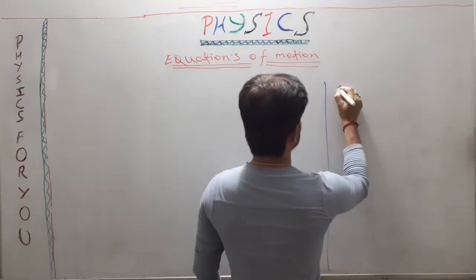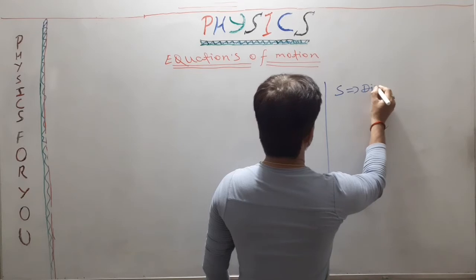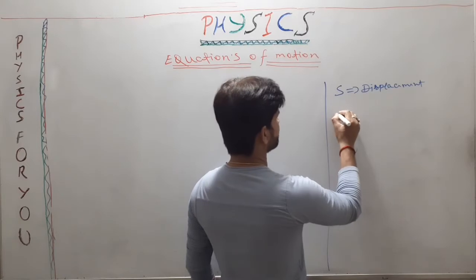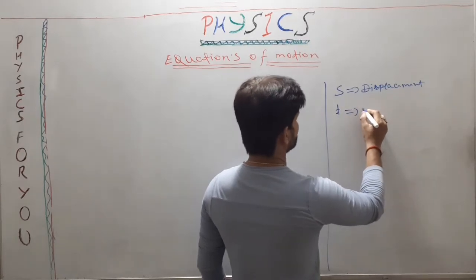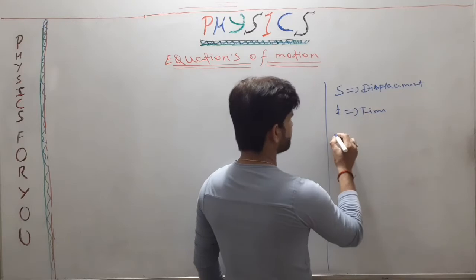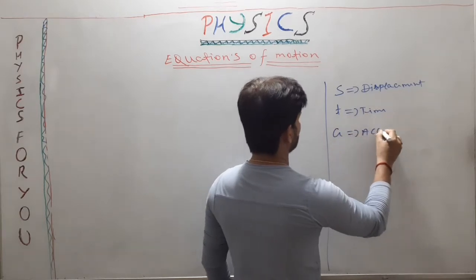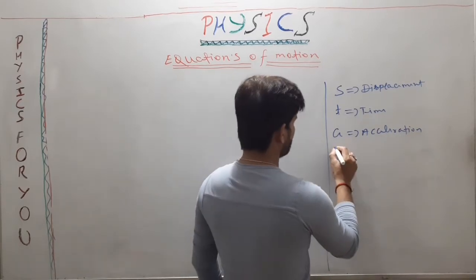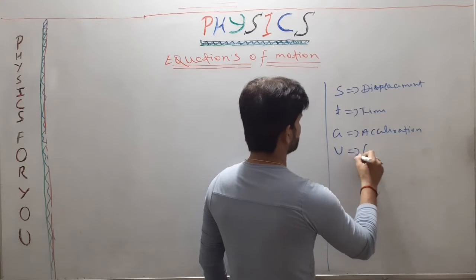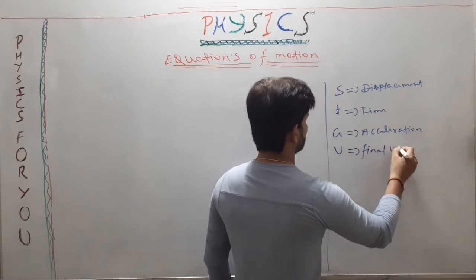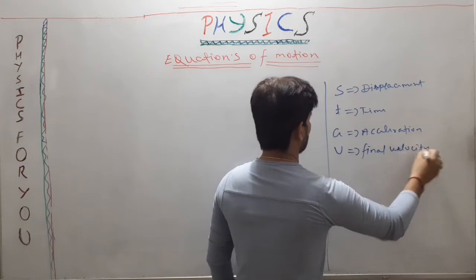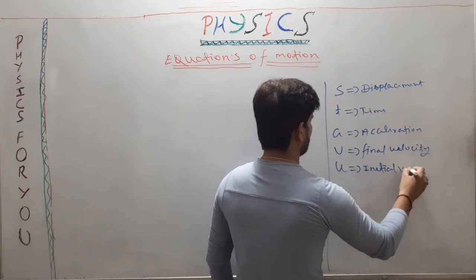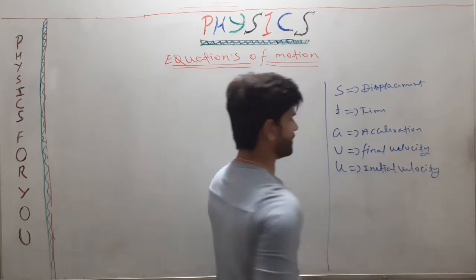In the equation, S is displacement, t is time, a is acceleration, v is final velocity, and u is initial velocity.